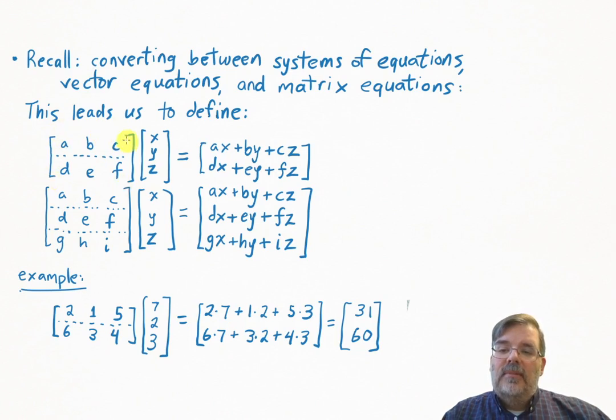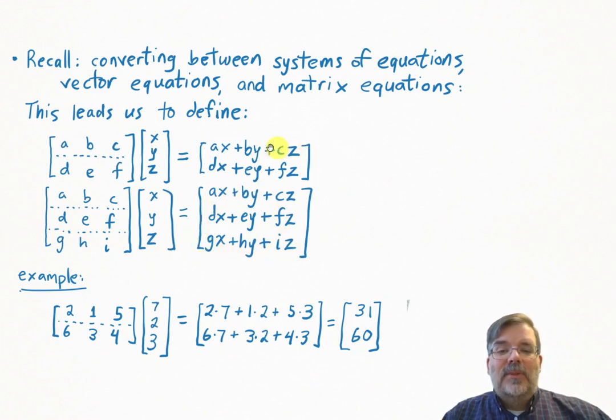And a 2x3 matrix times a vector with 3 components gives us a vector with 2 components. Similarly, we could discuss a matrix equation where the left side has a 3x3 coefficient matrix times a vector with 3 components, in which case you would get this result.